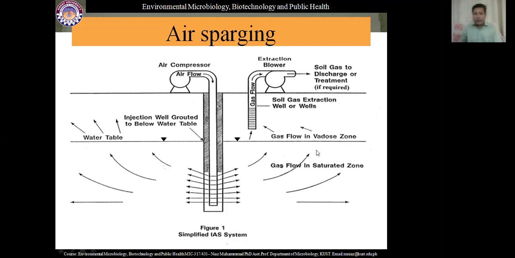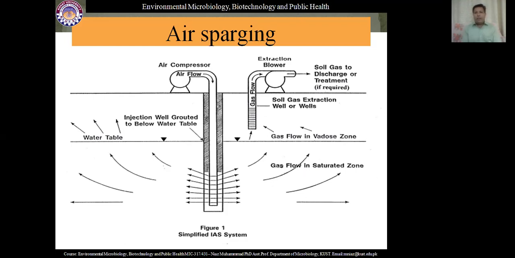Gas flow in saturated zones will take place here, gas flow in vadose zones also will take place. And from here we can monitor gas flow, extraction flow, and soil gas to discharge or treatment if required. We can take pollutant samples from the monitoring well and check the concentration of pollutant in this place.